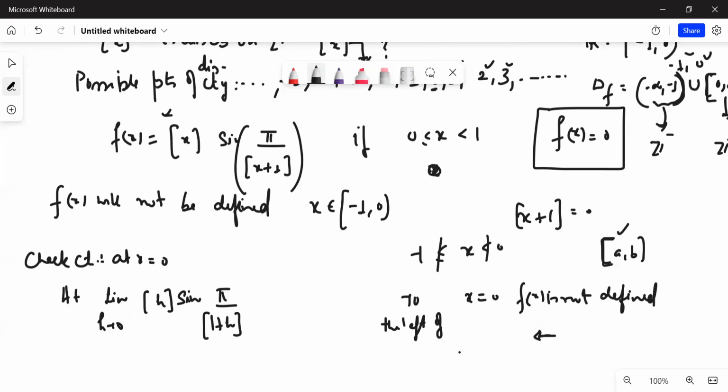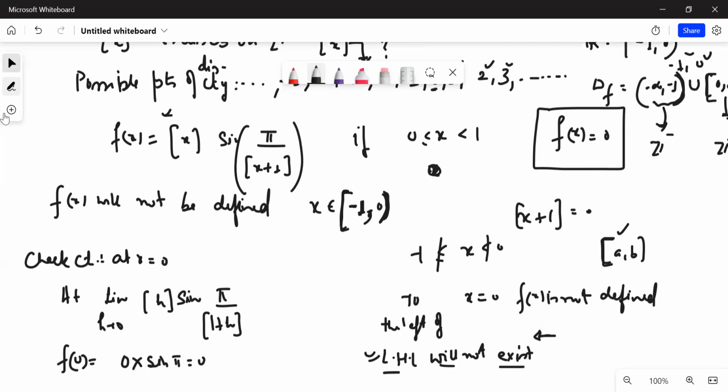So I'll write that to the left, the left hand limit will not exist, right? Because see, your function is not defined to the left of 0. The function is not defined from minus 1 to 0, isn't it? And what will be f of 0? f of 0 simply would be 0 into sine pi upon 0.